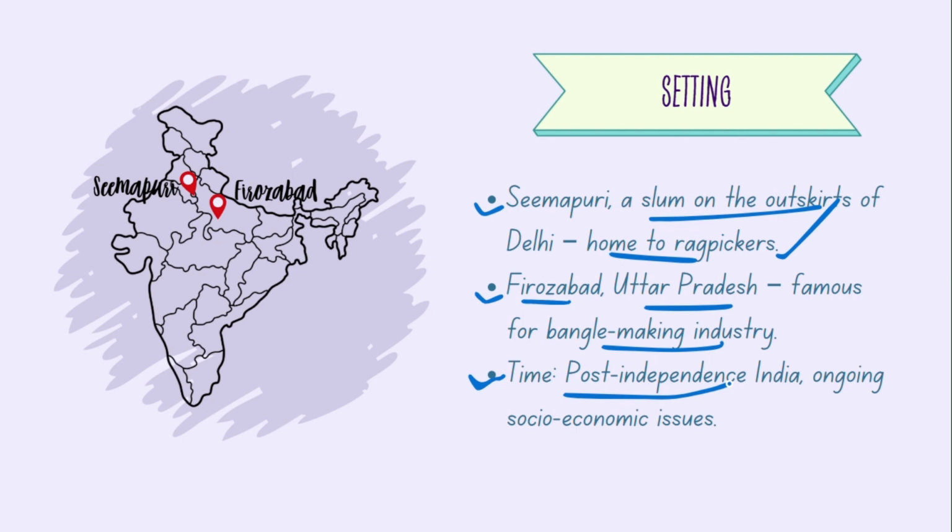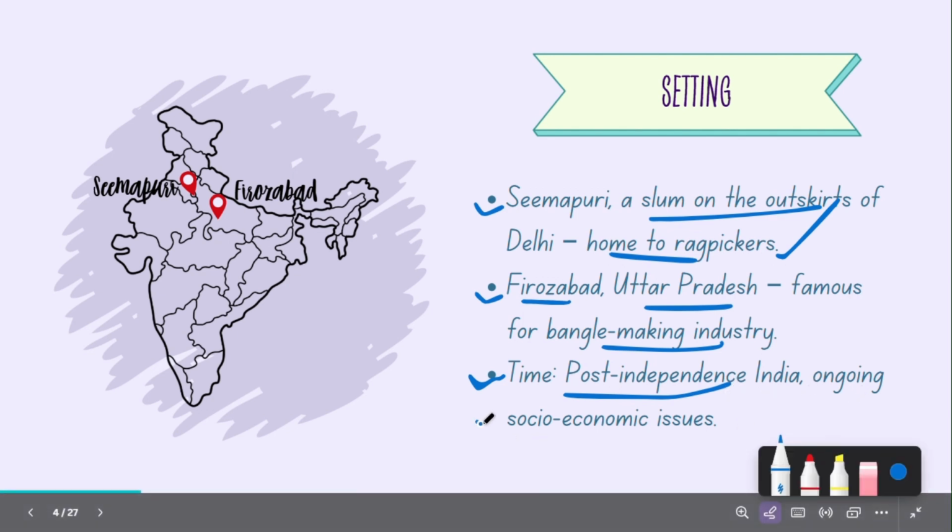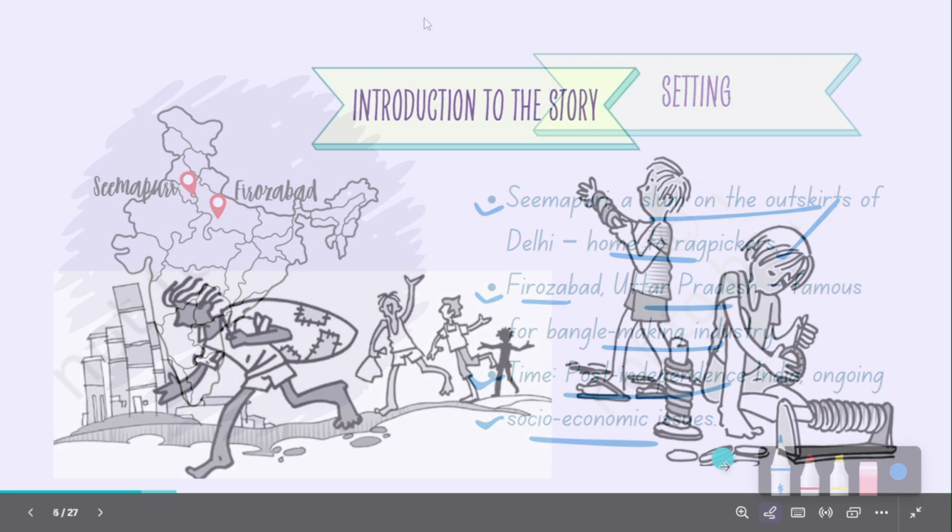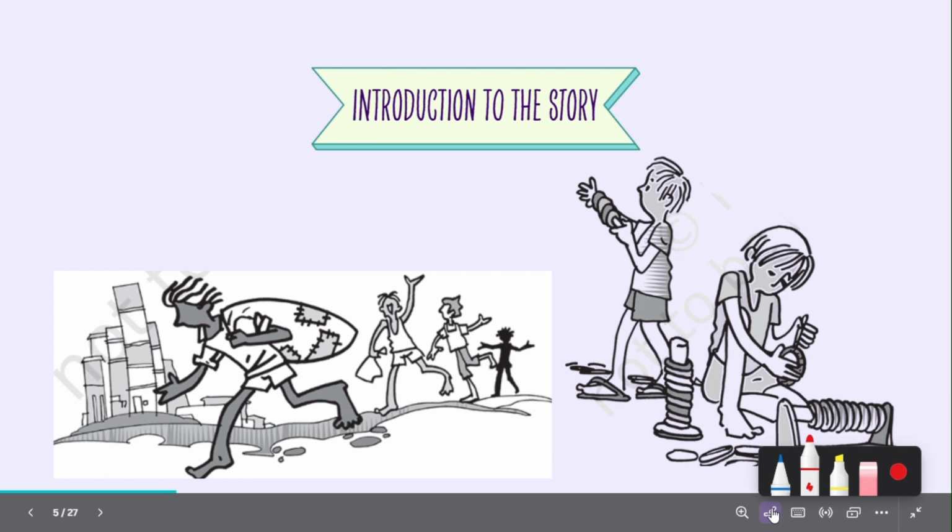Alright, this aftermath of colonization, of wars, and so many things that had happened in the past more than 100 years was now being seen in people undergoing poverty, in people trying to survive in difficult situations. Hence the time period you can understand as the post independence India, which was witnessing the socio-economic issues.